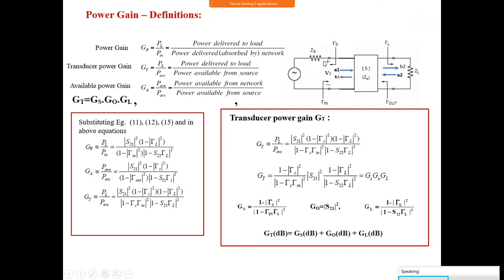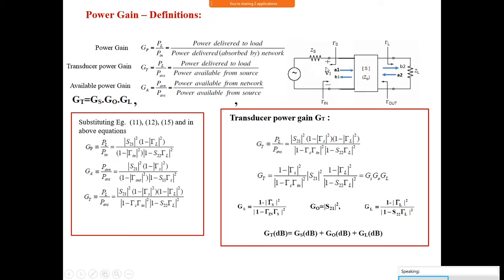Or the input impedance looking towards the source. You see here, looking towards the source, whatever the impedance is, that is the source impedance. Given it is Zs, it may be some value, but you can change the value of the impedance looking towards the source by using an impedance matching network.